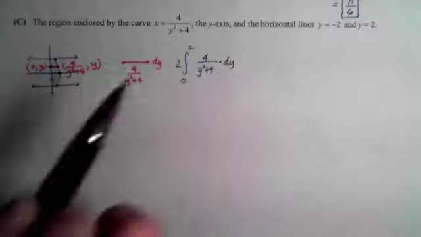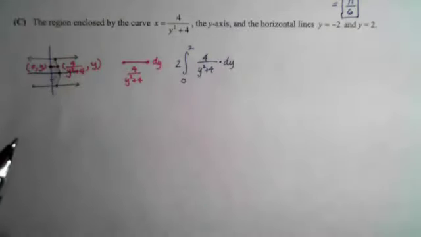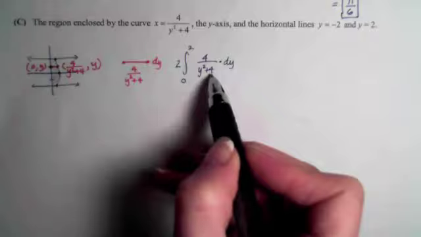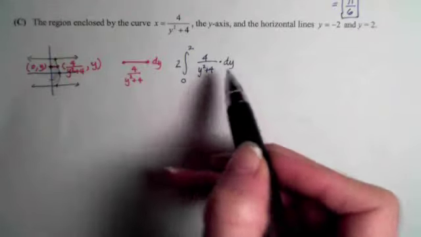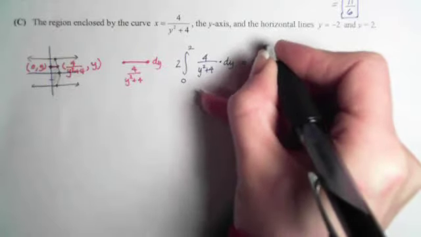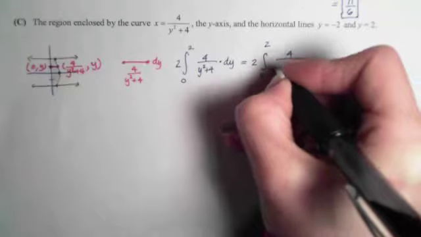So we're going to have to do a substitution method on this, and before we do substitution, we're going to have to make this look the way it's supposed to. Remember with your arc tangent that we need a y squared or something squared plus a 1, and we've got a 4 there instead. So what we're going to do is we're going to fix that 4 by factoring a 4 out of the bottom.